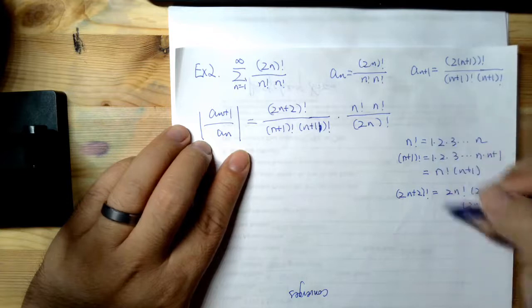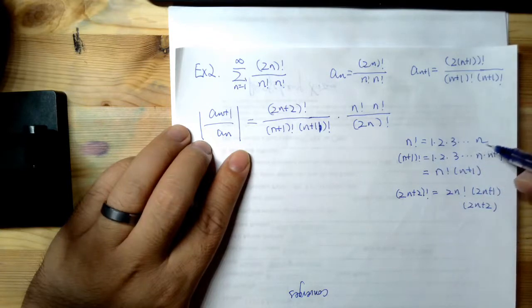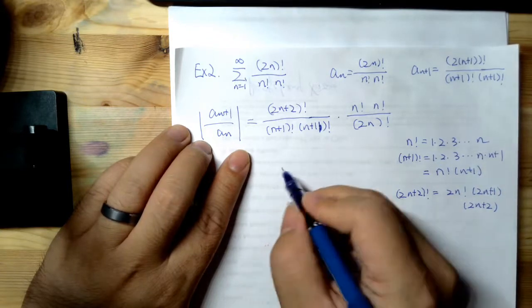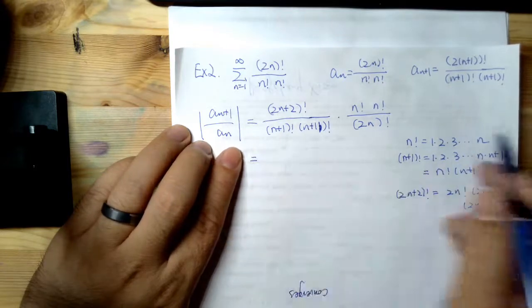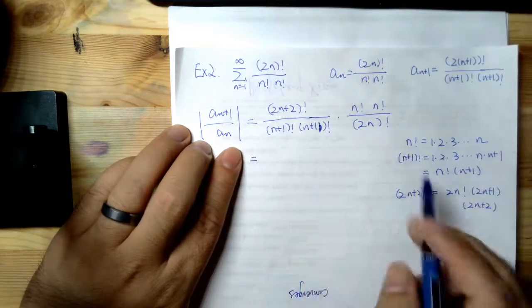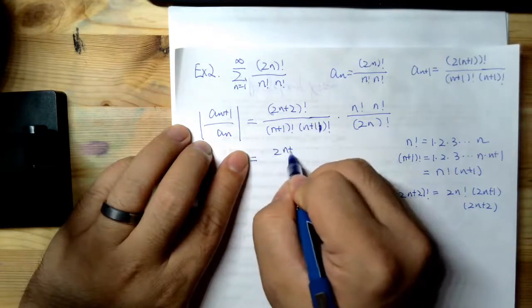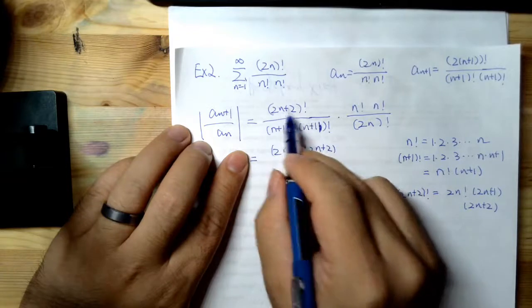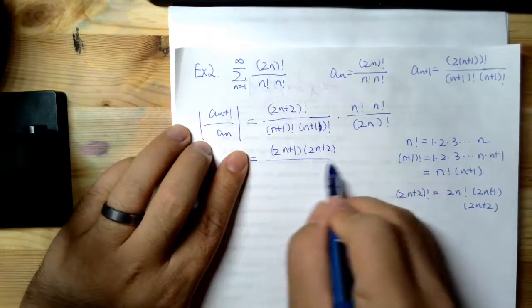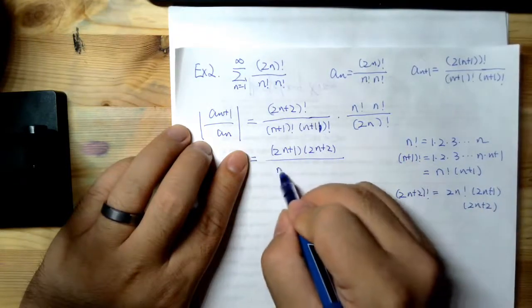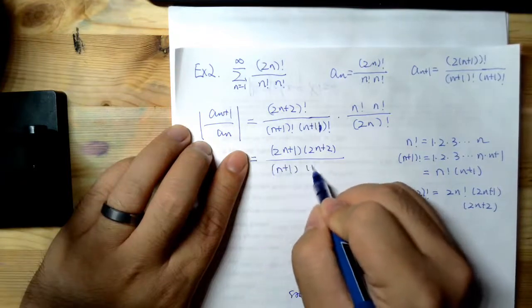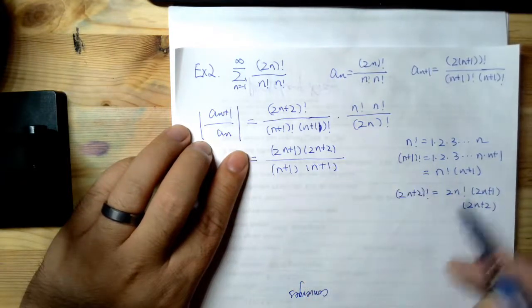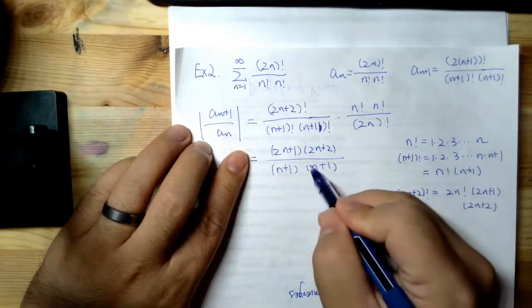So with this in mind, we can simplify this ratio into this. We're going to have 2n plus 1 times 2n plus 2, that's a simplification between this and this part, over n plus 1 times n plus 1, okay? Because based on this identity.